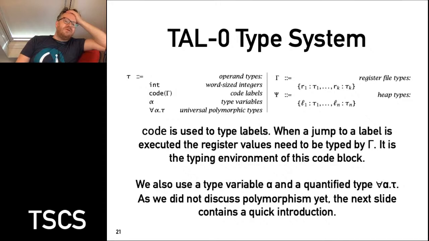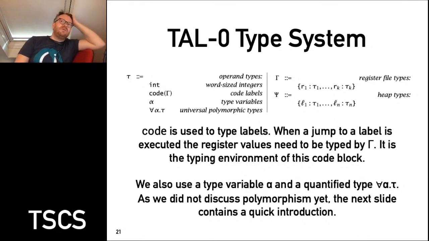But have a look that code is used for type labels. And when a jump to a label is executed, the register values need to be typed by gamma. This is kind of the typing environment of the code block. So this helps you to ensure that the input values to a code block are actually the same as expected by the code.